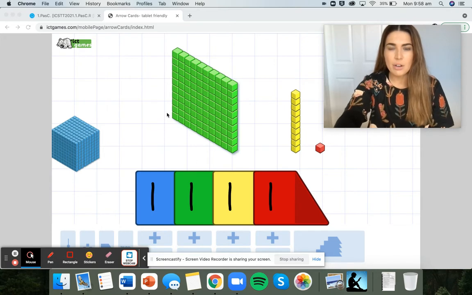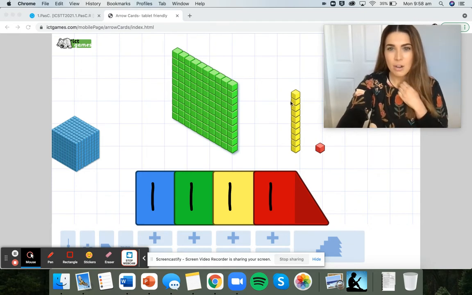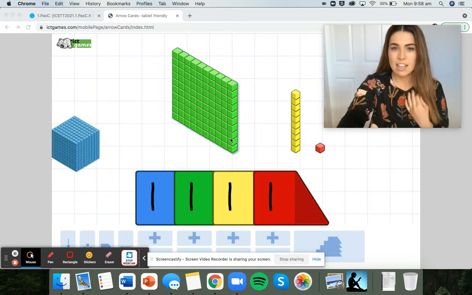All right, then I wonder if you know what this block represents. Here's our hundreds block. You're right, because if I know that one of these is 10, and you can see him over here, they've glued lots of these tens blocks together. So I can skip count by 10 because I know there's 10 in each row. Let's skip count together.